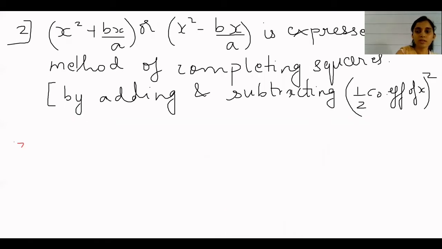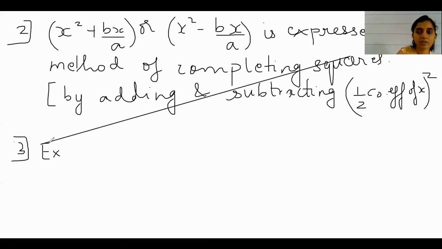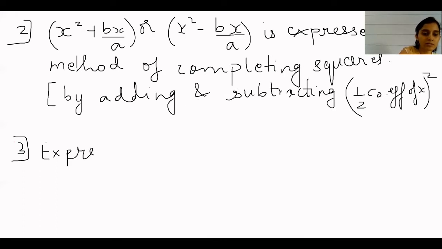Then what is the third step? The third step is to express the quadratic expression as a sum or difference of two squares.